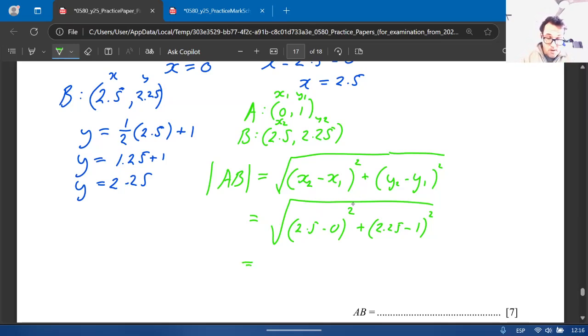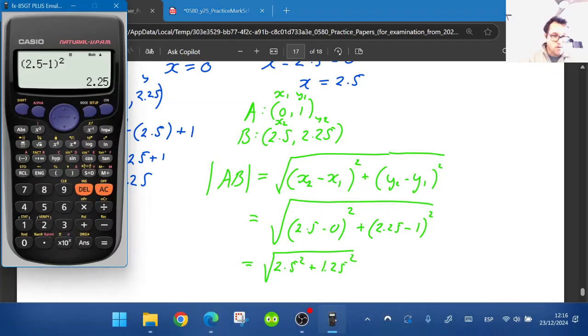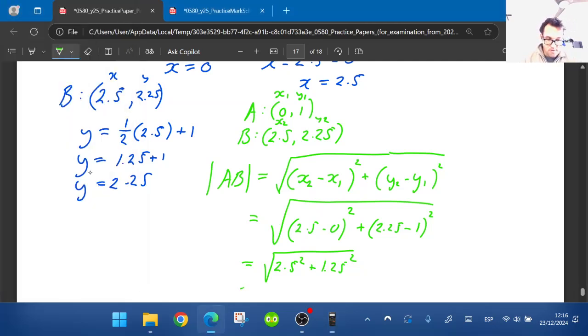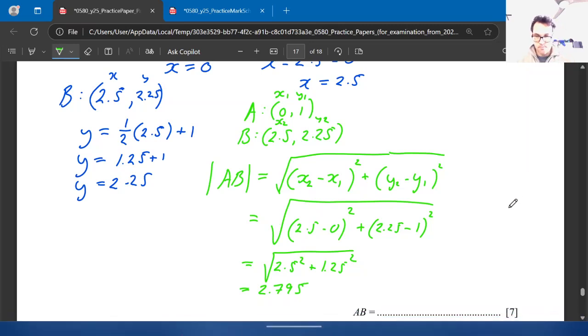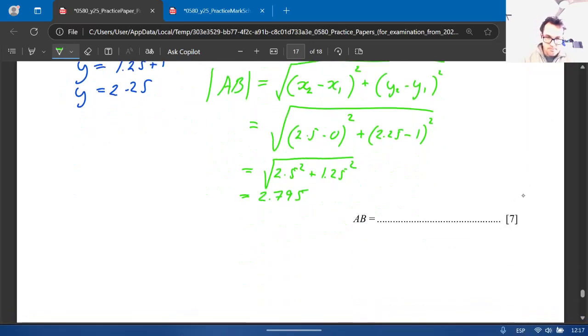So what we want then is 2.5 squared plus 1.25 squared. And we get 2.795, etc. Gonna round it to three significant figures. 2.80, of course.